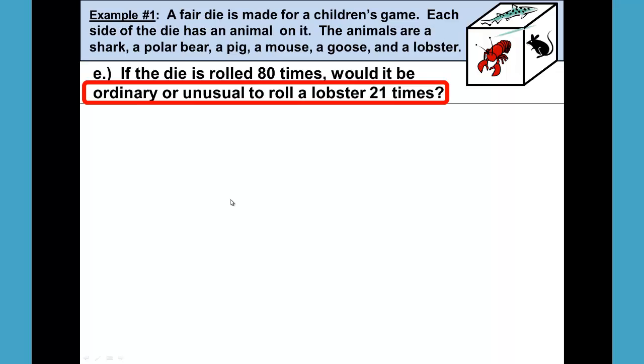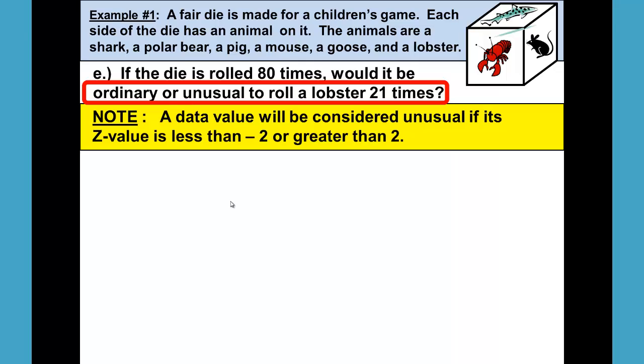We want to determine whether it's ordinary or unusual to roll a lobster 21 times. A data value will be considered unusual if its z-value is less than -2 standard deviations or greater than 2 standard deviations.